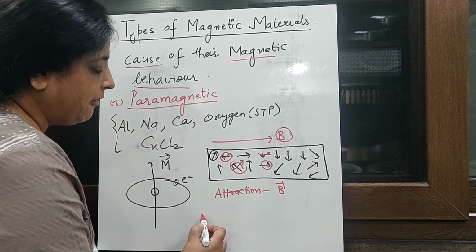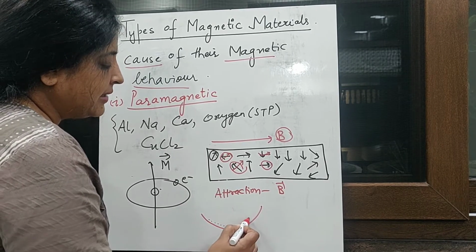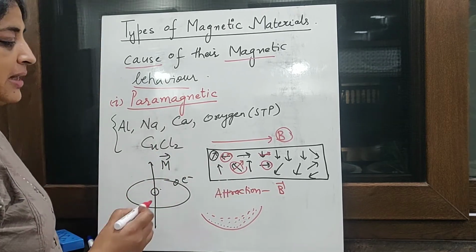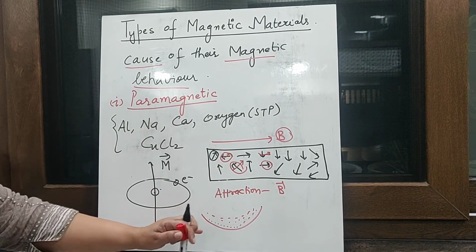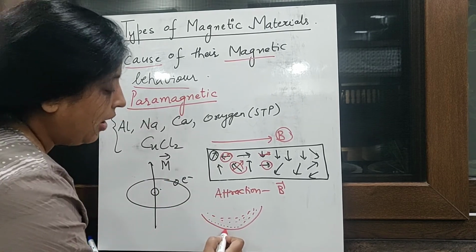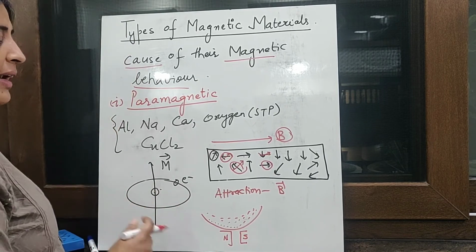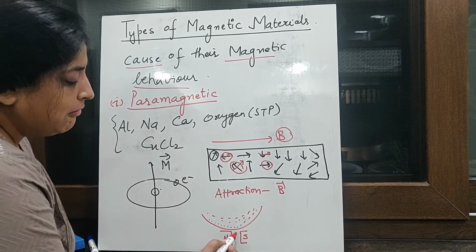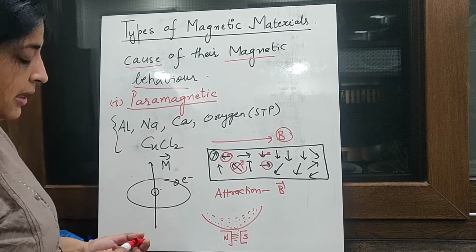So for example, if you have a china dish with a powdered paramagnetic substance kept in it like this, and here you have, let us say, the north pole and south pole of a magnet. You just keep the poles of the magnet here. The field is very strong in the region between the two poles.